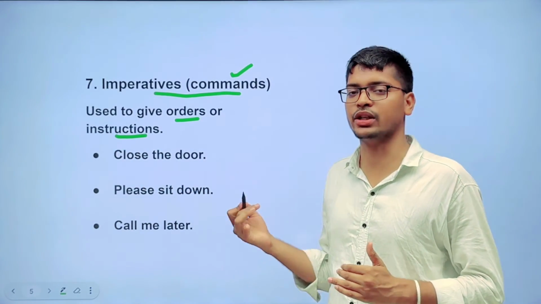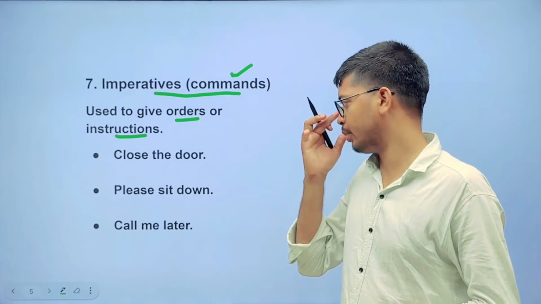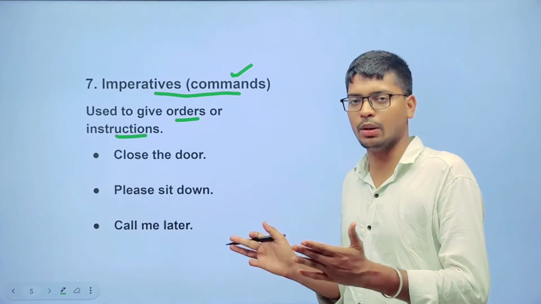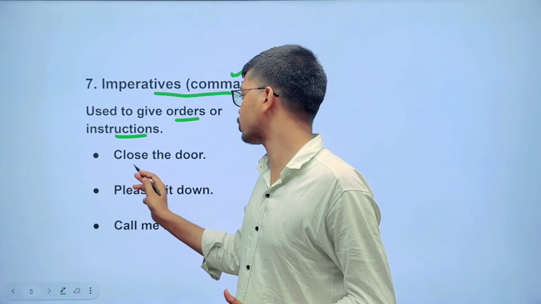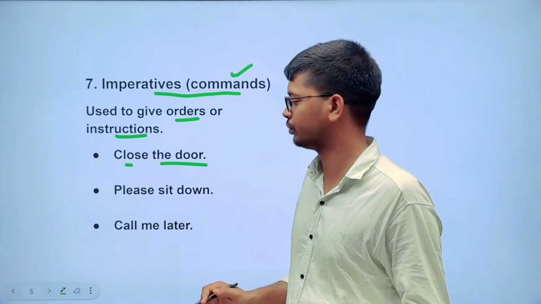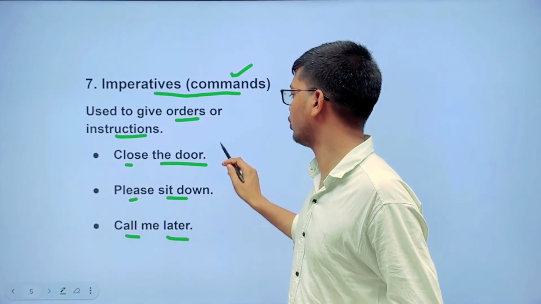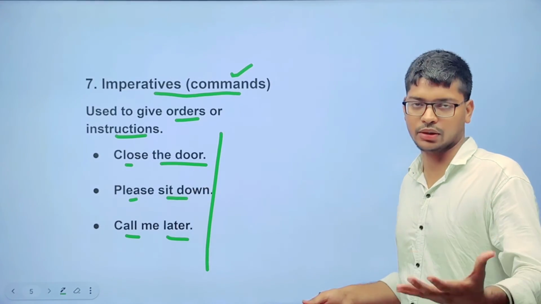But in these types of sentences, we don't use a subject. We can use a verb, but we never use a subject. So here, close the door. Please sit down. Call me later. These are all commands or instructions to another person.